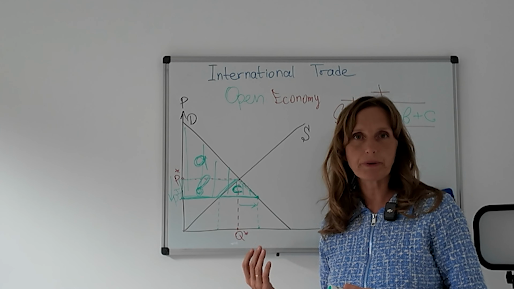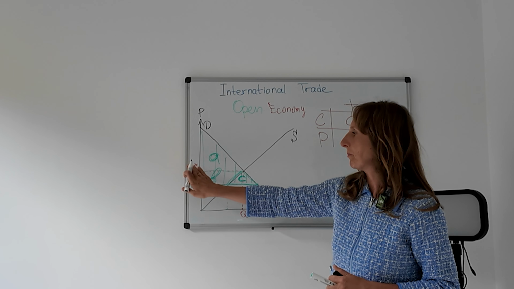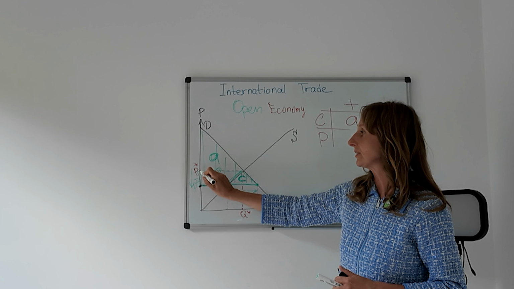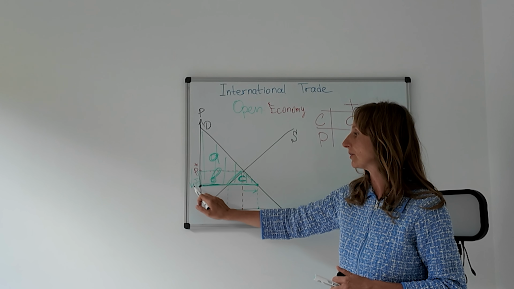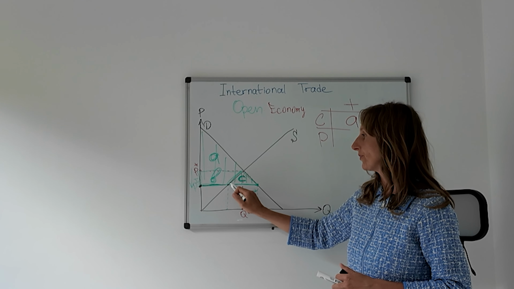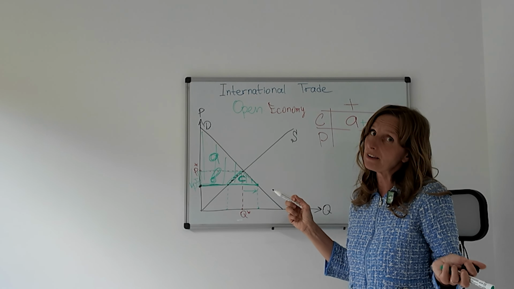But what happened in this case with producers? When the market price falls down, producers cannot sell their goods anymore at P star, but they have to sell their goods at PI, the international price. So these producers will not exist anymore. They will fail.